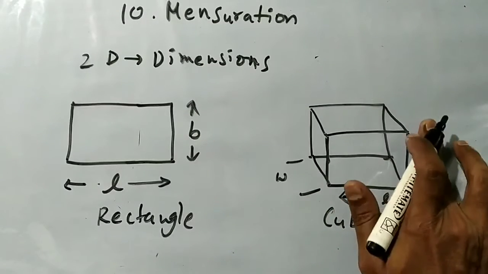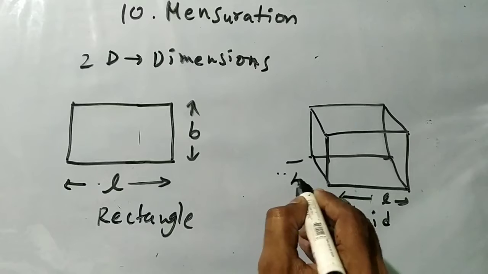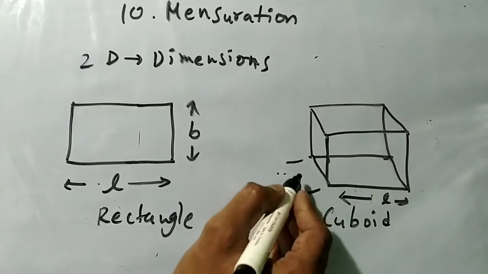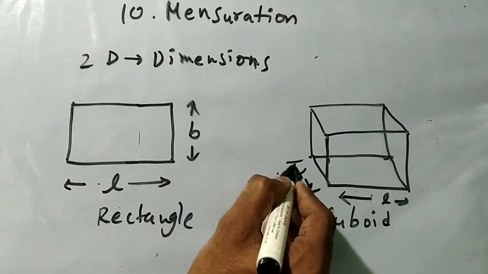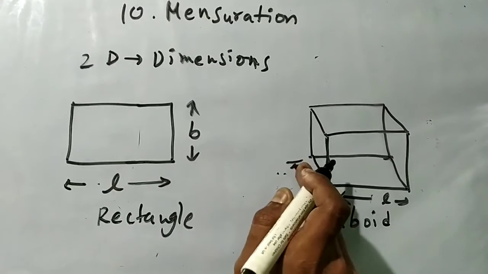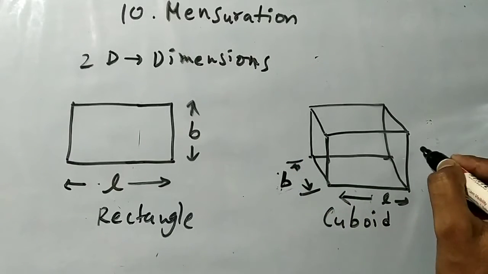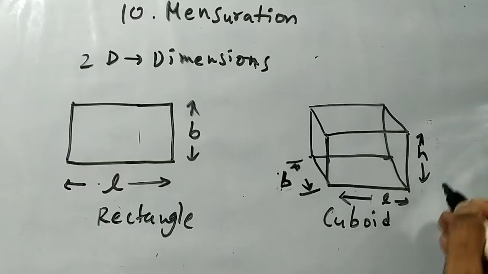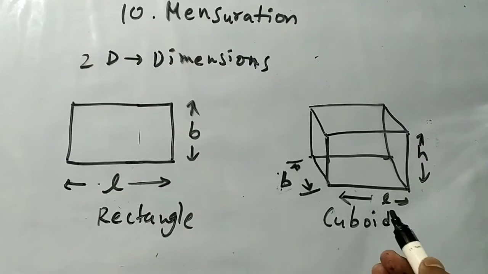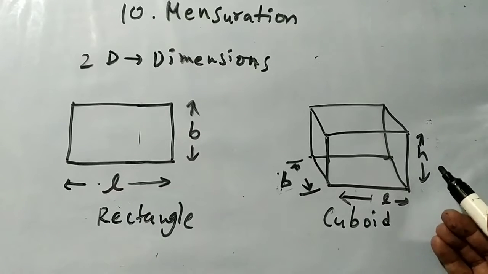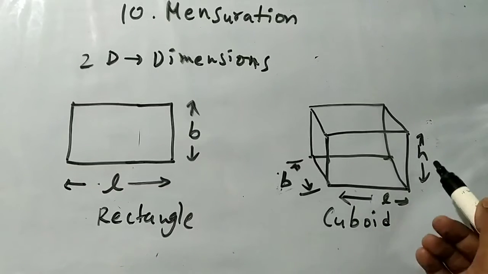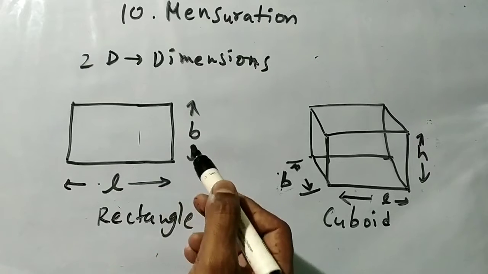Actually, take it as the breadth. And this is the height of the cuboid. So we have one measurement, another measurement, and one other measurement: 3 dimensions in 3D, whereas 2 dimensions in 2D.